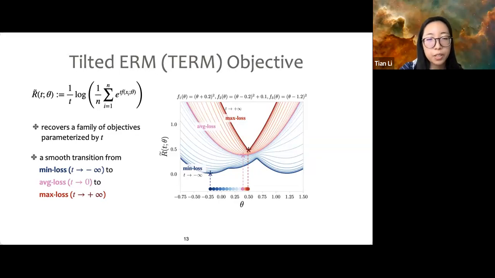So another motivation for this objective is that it not only generates different solutions from ERM or from minimax objectives, but it can also have convergence benefits relative to other risk-averse measures, other non-ERM objectives. So we will also talk about that later.